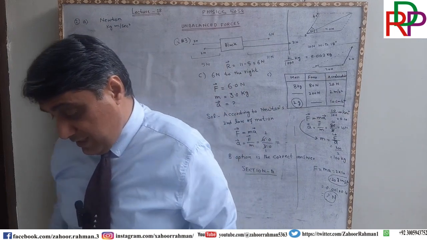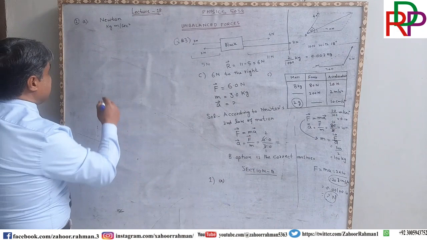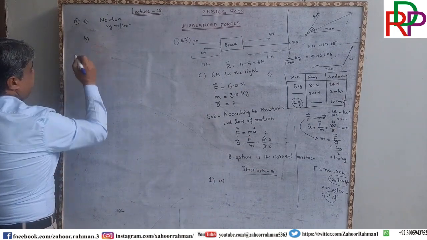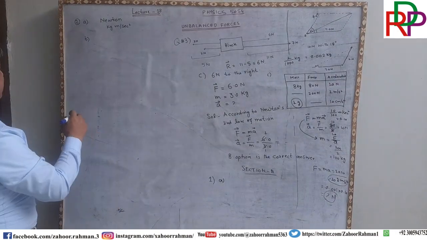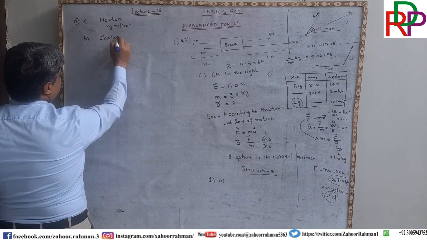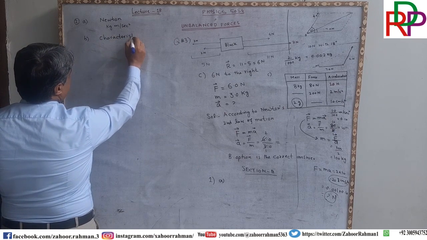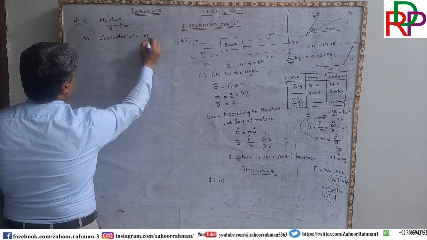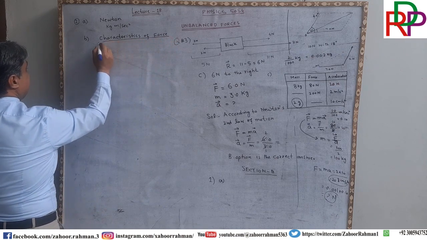Okay, that's it. Part B is saying discuss the three characteristic effects of a force. So I have to write characteristics of force. Now we have to write three of them.